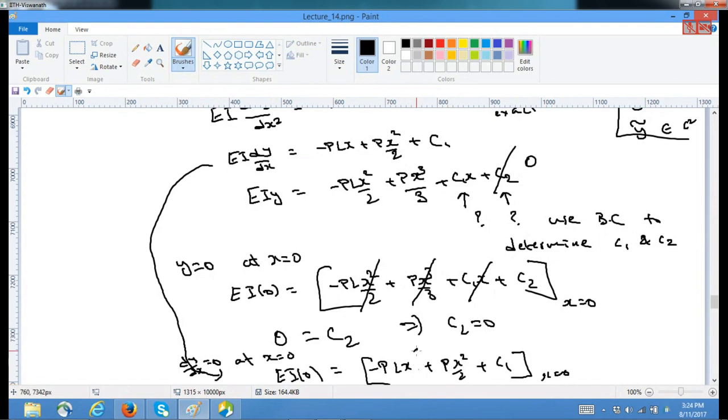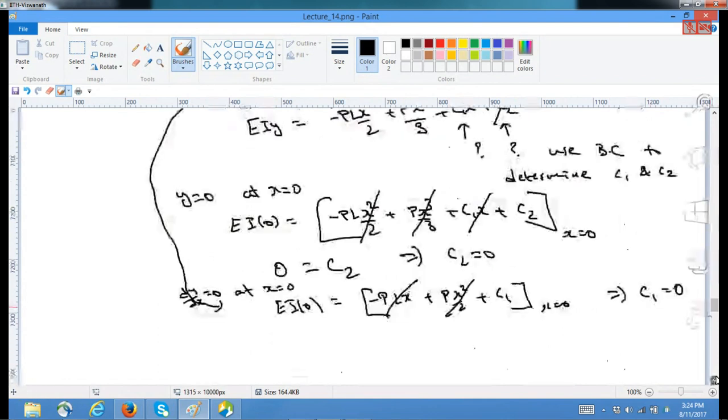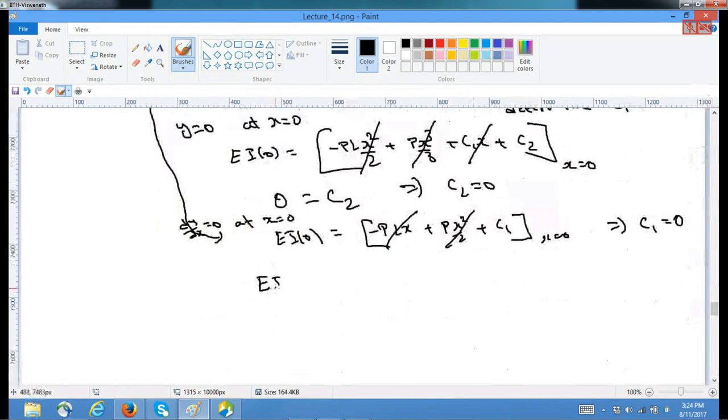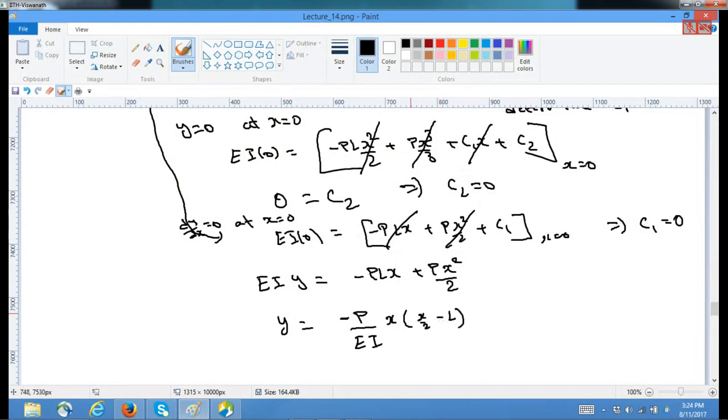At x equal to 0, this is 0, this is 0, so c1 is 0. So my final equation, EI y is equal to minus PLx square by 2 plus Px cube by 6, or y is equal to P by EI x into x by 2 minus L, with a positive sign here. So this would be the deflection profile.